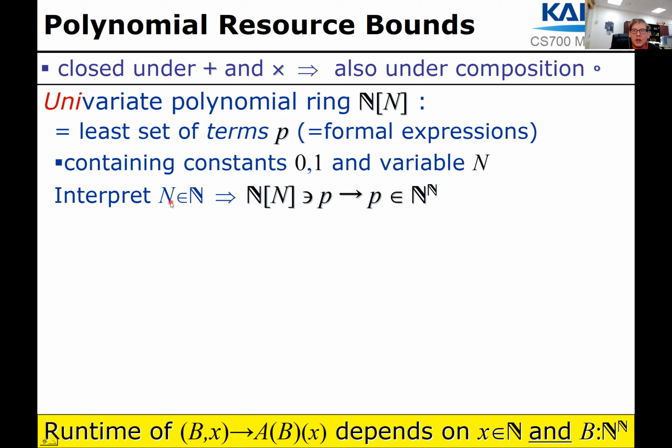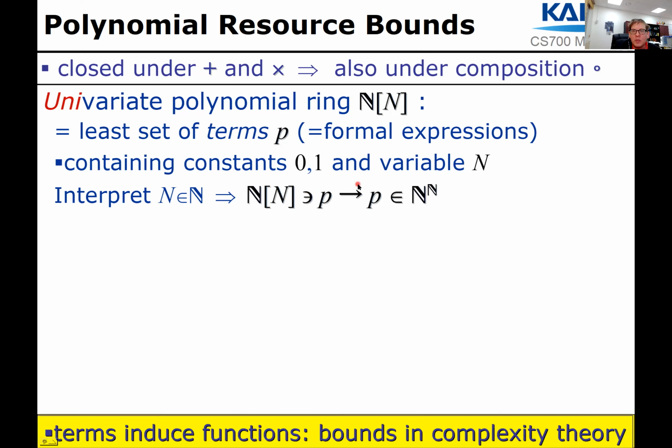If we make an assignment of the variable to some natural number, then the polynomial induces a mapping from natural numbers to natural numbers, which we, by gentle abuse of notation, also denote by p. Right? So from natural numbers to natural numbers, the polynomial as a mapping. That's an interpretation. And indeed, we can identify that because the natural numbers have characteristic 0, basically.